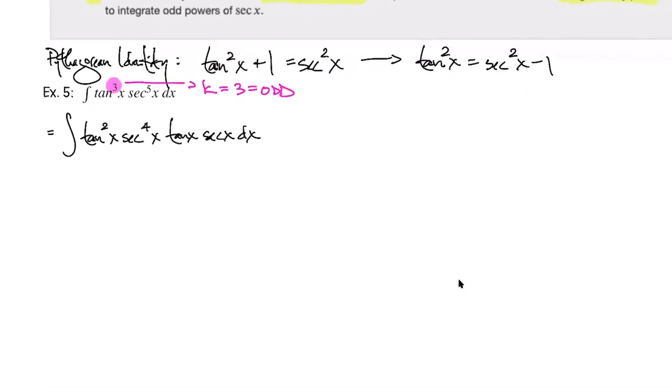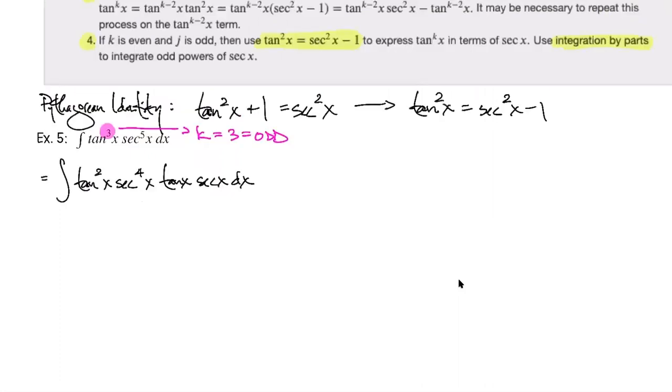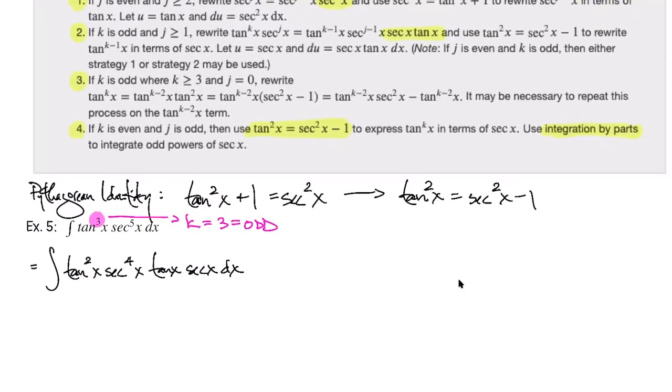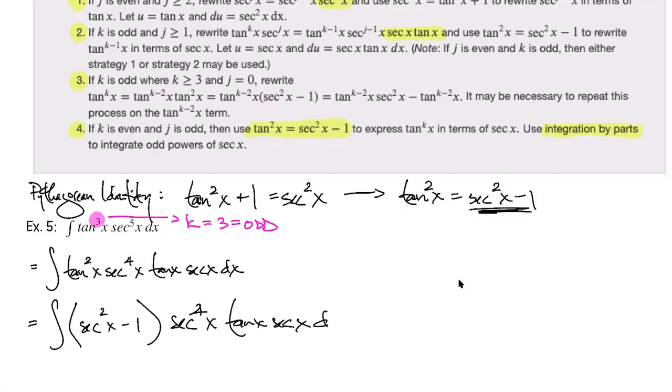After we've rewritten it, we use the substitution tangent squared equals secant squared minus 1, from the Pythagorean identity. This gives me the integral of secant squared x minus 1 times secant to the 4th x tangent x secant x dx.